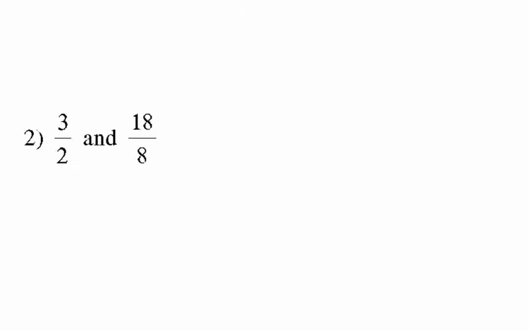Let's check the ratios on number 2 and see if they are proportional. 3/2 cannot be more simplified because 2 and 3 only have the number 1 in common as factors. But 18/8, they both have the number 2 in common as a factor, so 18/8 can be written as 9/4.